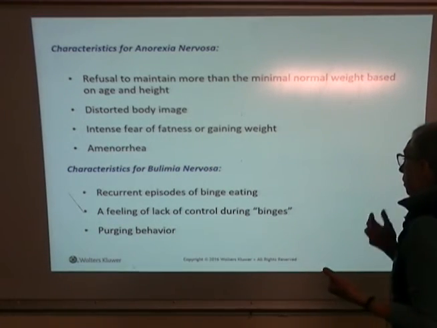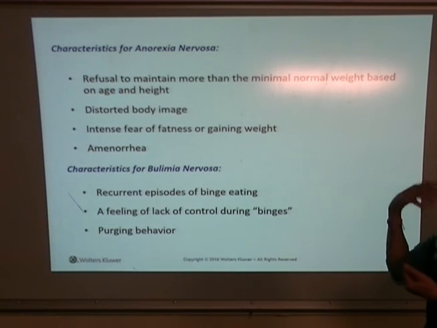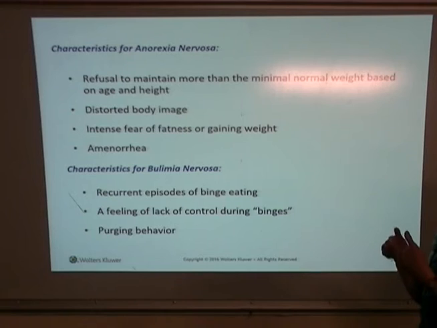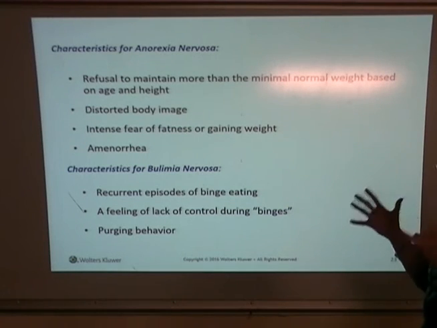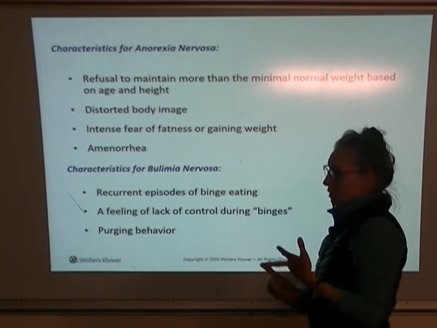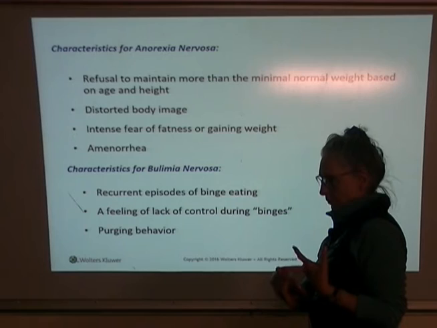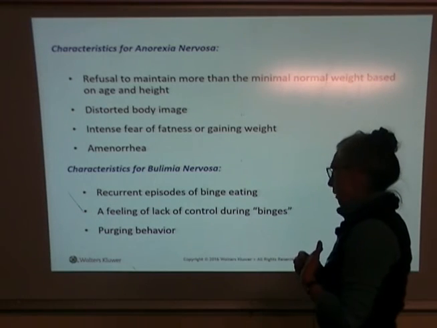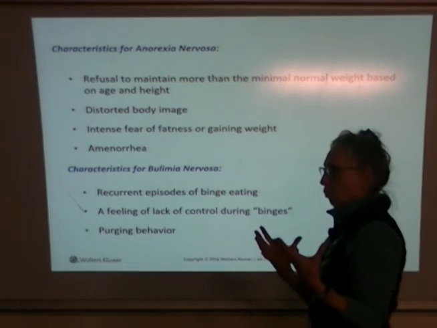So stick your fingers down your throat, make yourself vomit. That's one purging behavior. Using laxatives, like masses of laxatives, can be a purging behavior. Drinking salt water to make yourself vomit can be a purging behavior. Right? There are different types of purging behavior. You just have to catch the one that they're doing.